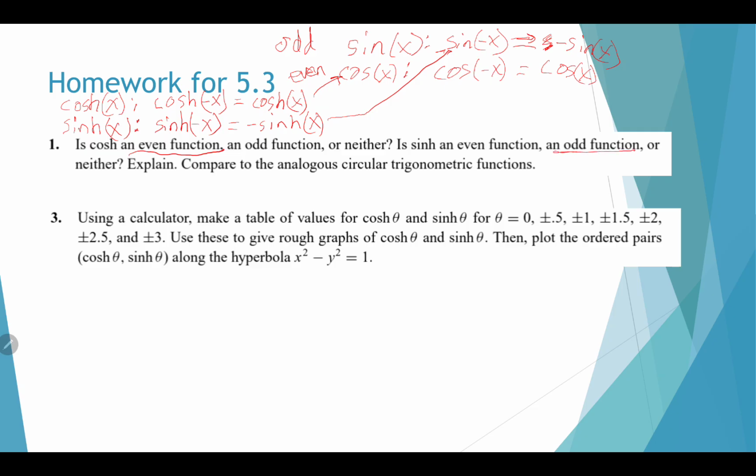So compare all of them. Compare the analogous and the similar trig functions. So you're going to do it for sine, cosine, tangent, cotangent, secant, and cosecant. And you're going to tell me which ones are even and which ones are odd, and compare them to the even odd versions of the other. This one should be pretty straightforward. I mean, you have to write some stuff up, but other than that, not bad.